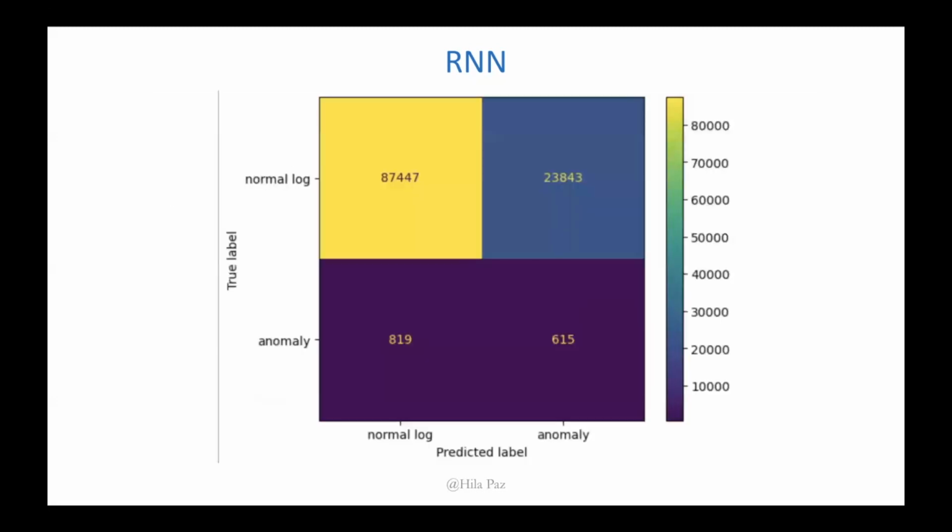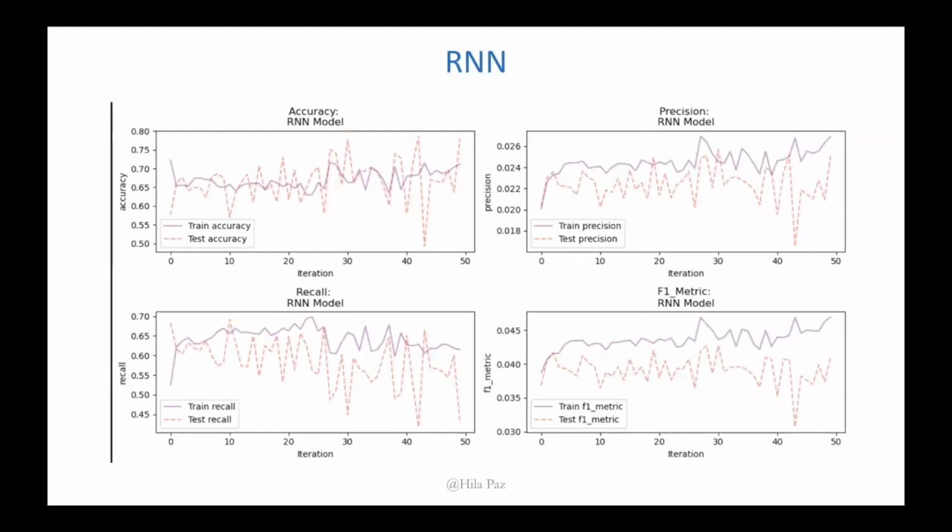This network classifies about 79% of the normal logs as such, and only 43% of anomalous sessions as anomalous. So it looks like it performs worse than a fully connected layer. At least in terms of overfitting, we do slightly better in precision, recall, and F1 score, where the train results and test results are not that different.